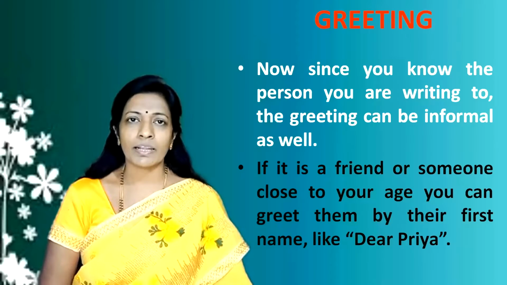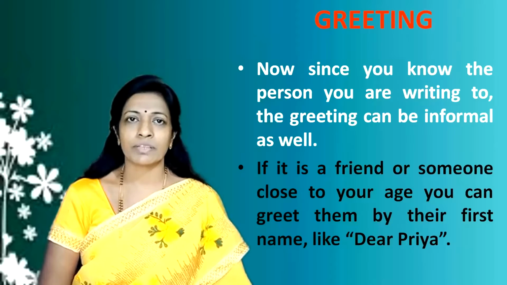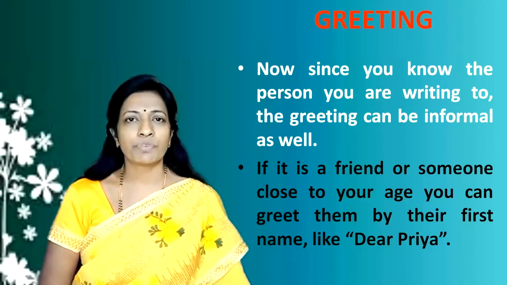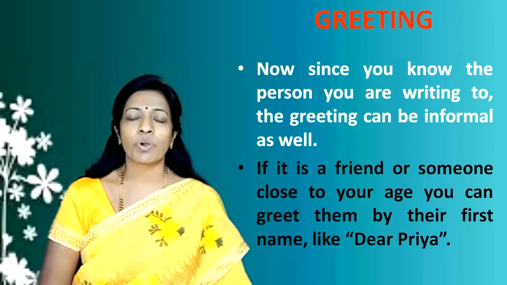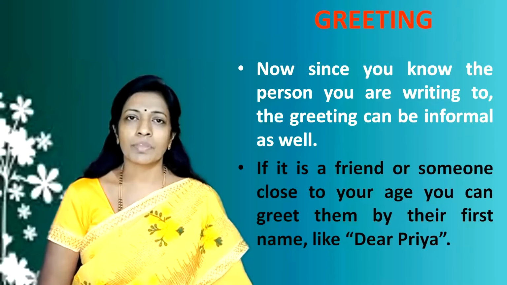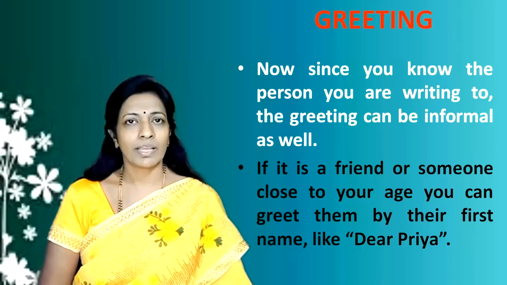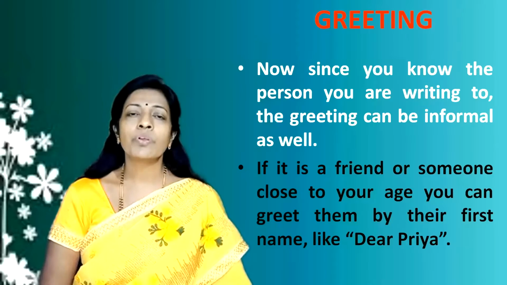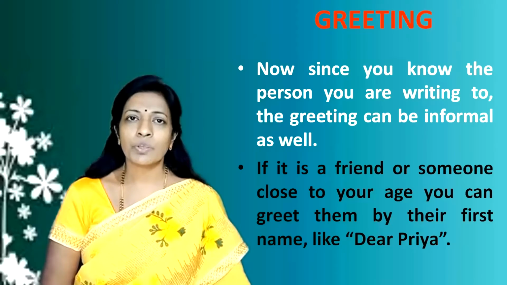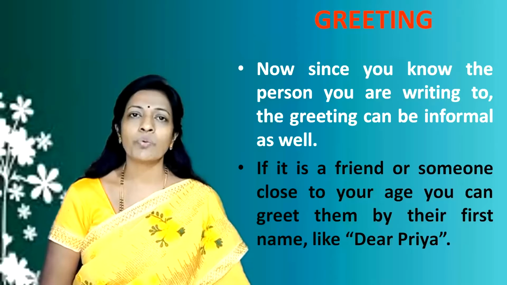Generally, if they are elder to you, we refer to them as dear mother, father, grandfather in this manner. And if they are of the same age, you can even call them by their name and greet them as follows: Dear Priya, Dear Rama, etc. So, whenever you are greeting the other person, you can be quite informal when you are writing to somebody whom you know very well.